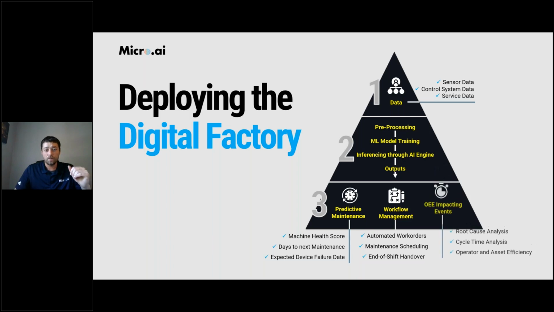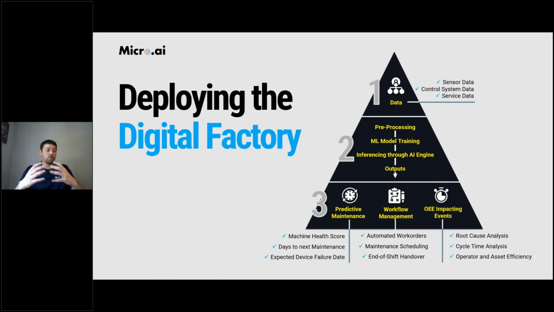And then finally, we are going to visualize and be able to see those OEE impacting events. We're going to get that root cause analysis that says, hey, this machine started going bad because of this, this, and this, whether it be the current that it was pulling was high, or we noticed it was having strange vibrations, which tends to be a sign of sounds within the piece of equipment. It could be that the cycle times are messed up.